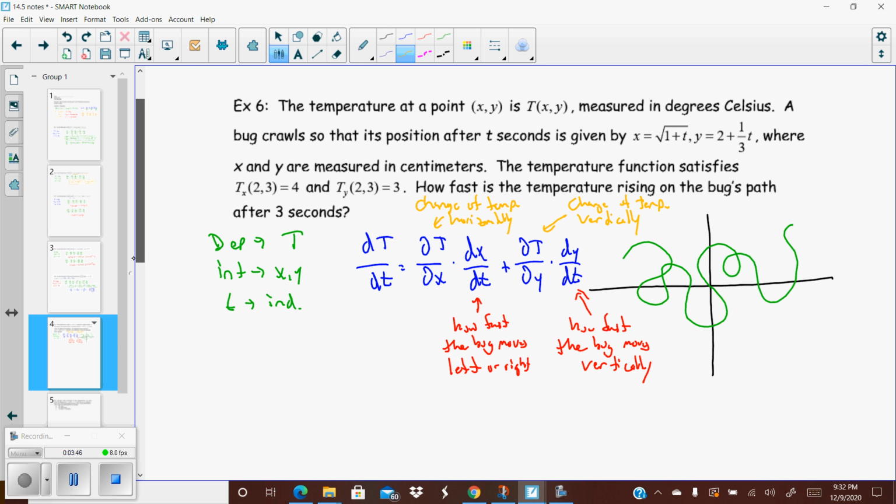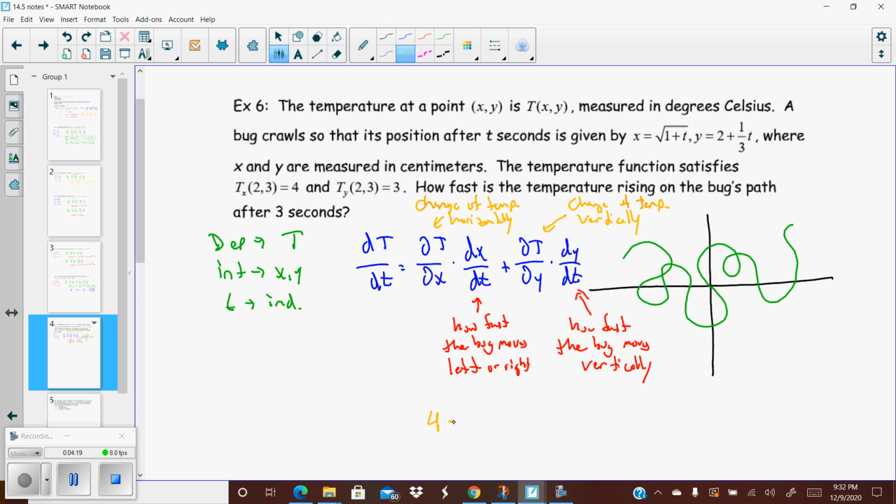All right, so now that we have all of that, we can start piecing this together. So let's see, what do we know? We know that T sub x at 2,3 is, well, it says that it's 4. So that actually makes that easy. The derivative of temperature with respect to x is 4. So that's the first part.